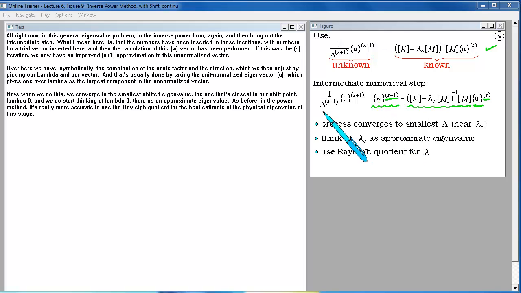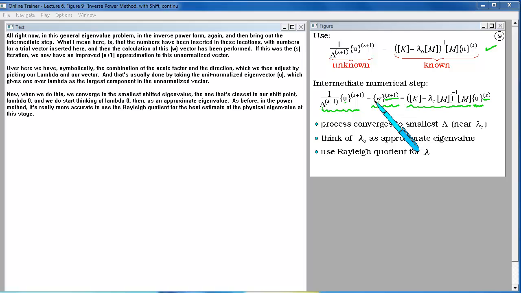Over here we have symbolically the combination of the scale factor and the direction, which we then adjust by picking our cap lambda in our vector. And that's usually done by taking a unit normalized eigenvector u, which gives 1 over lambda to be the largest component in the unnormalized vector.